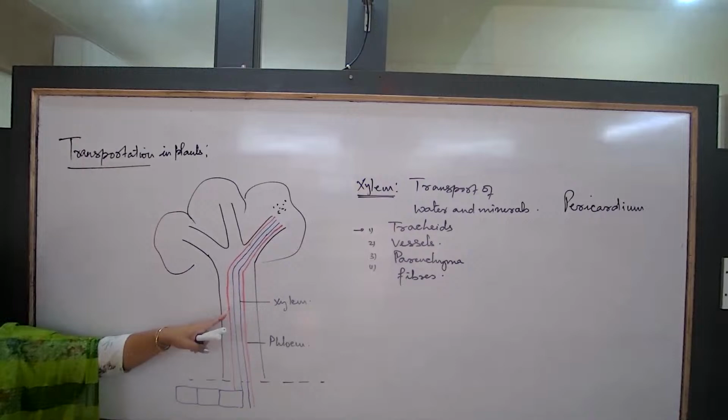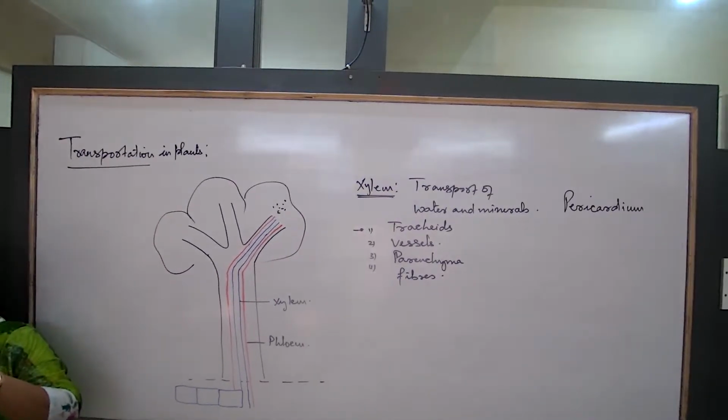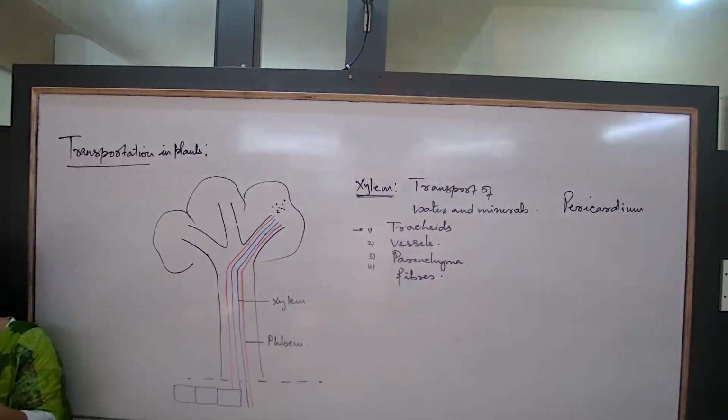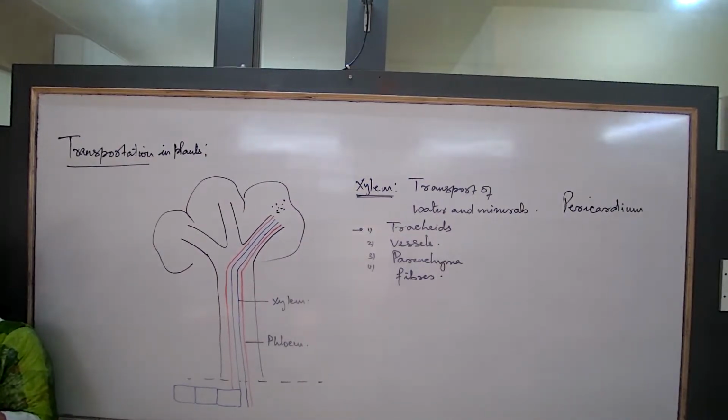Meaning, if I take a stem and scrape off the central region, if I disturb the central region, after a week or so we will see that the upper part of the plant, the leaves, are all drying out. Why? Because we have disturbed the xylem. If you make a cut at the deeper part of the stem, the upper part of the plant will dry out very soon.